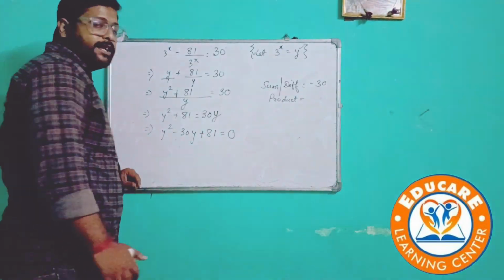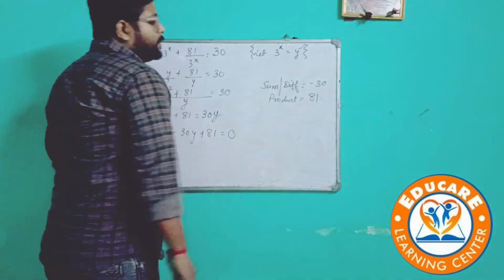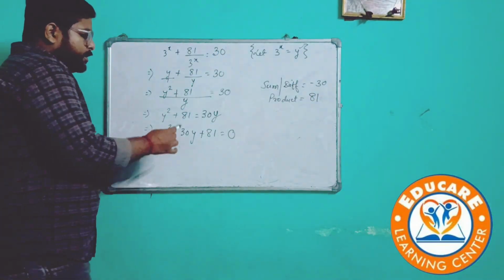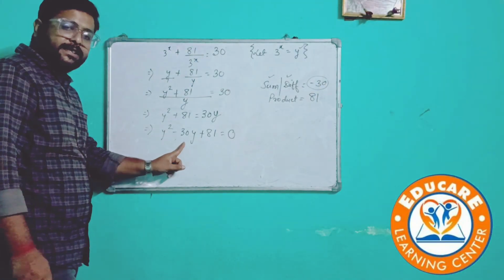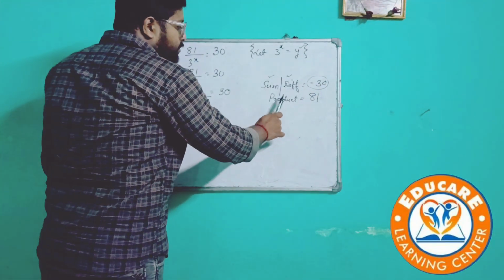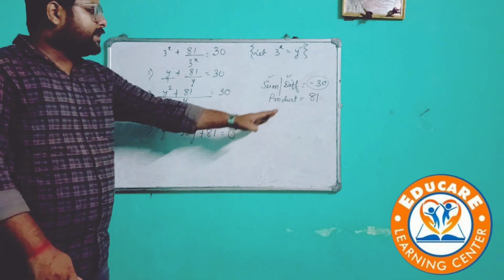So 81 into 1 is 81. This is how the middle term split is done. The addition or subtraction should be minus 30, the middle number, and the product of both the numbers should be 81.